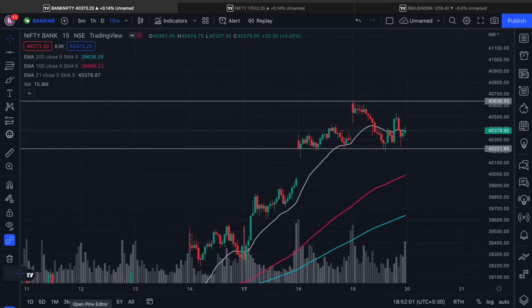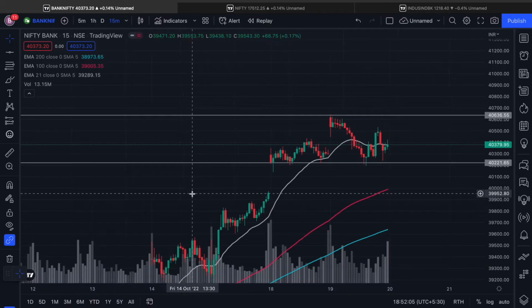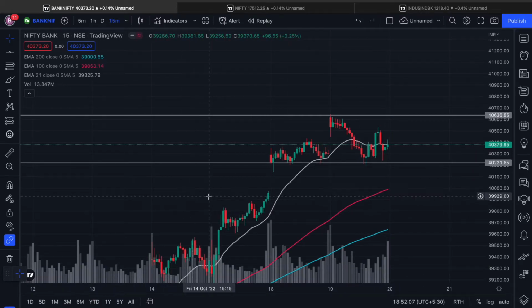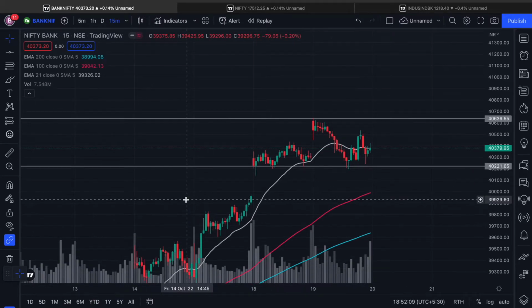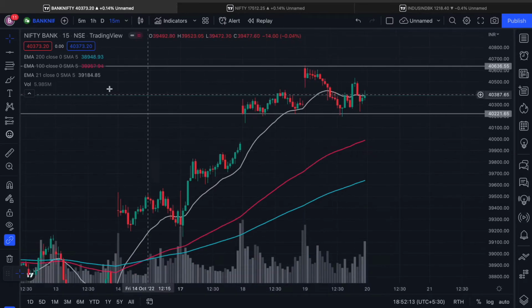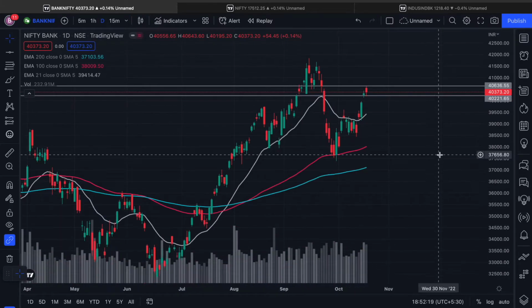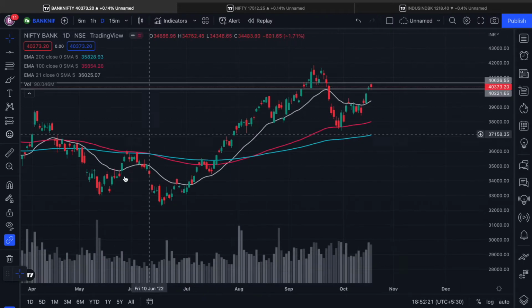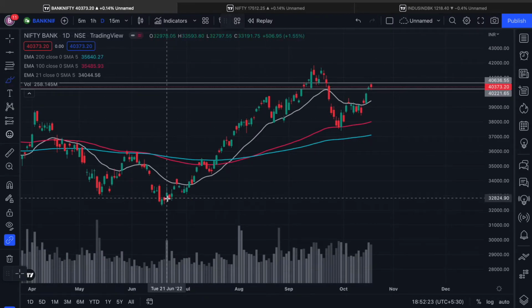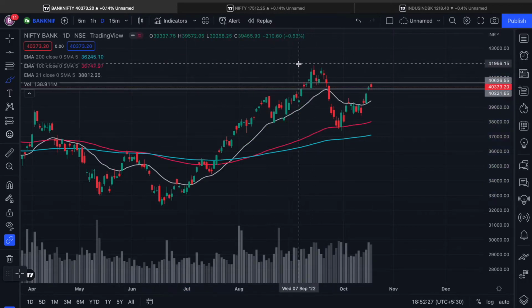So yes, the first index which we are going to look at is of course our Bank Nifty. So this is our 15 minutes time frame in Bank Nifty, right? So let me first show you the overall market trend. So as you can see here, Bank Nifty gave a really nice rally from this bottom, right, till its all-time high.